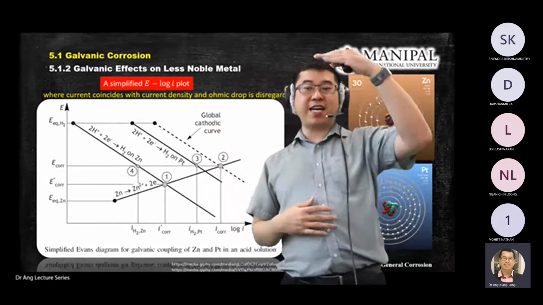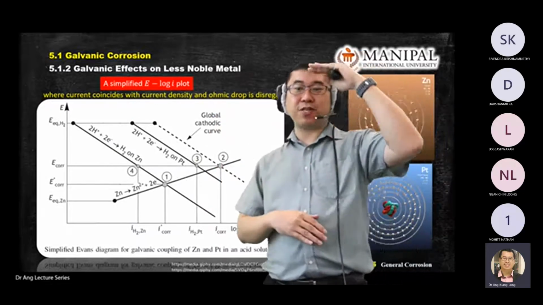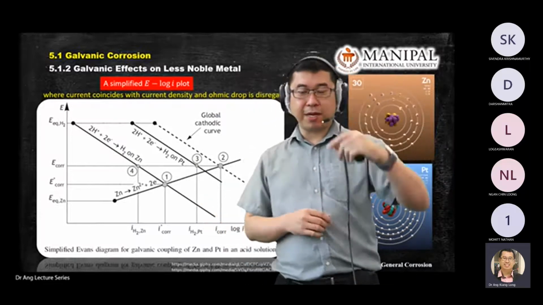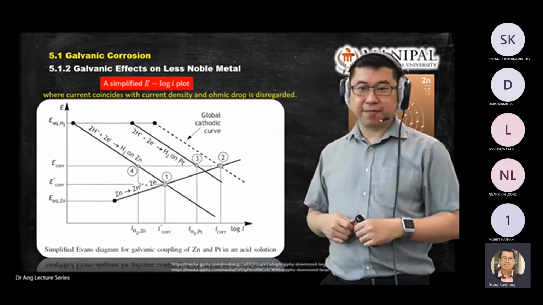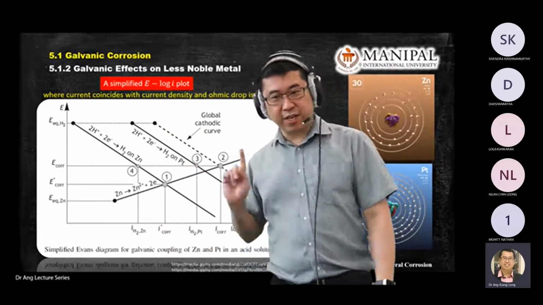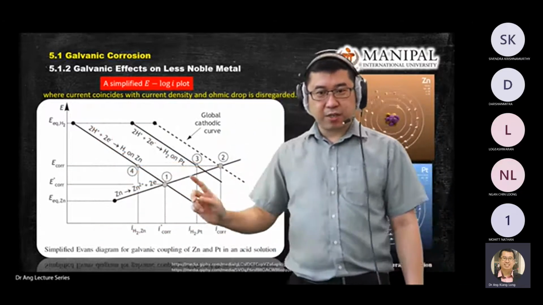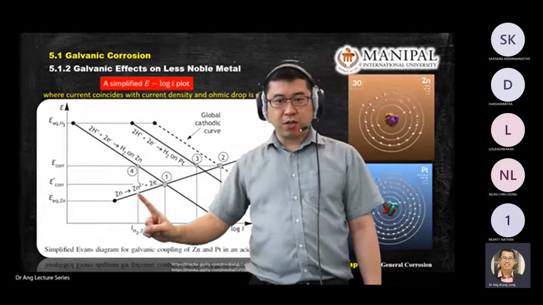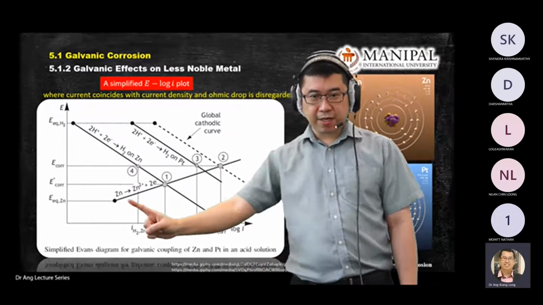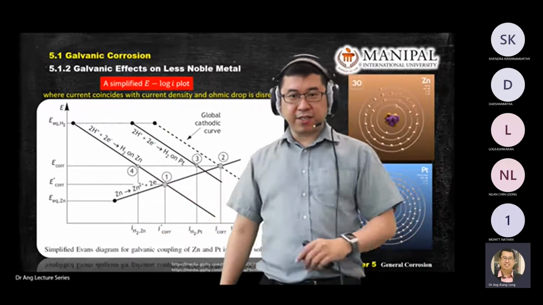Decide which one is higher level, lower level, all right? Which one is M metal, which one is N metal, which one is lower, which one is higher, by looking at the voltage value. Then you draw the line, sketch the lines on the graph itself. Two lines you draw first. One, lower level going up. Okay, lower level, anodic station.